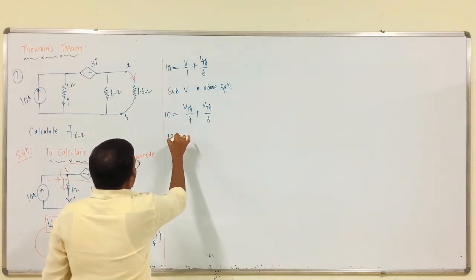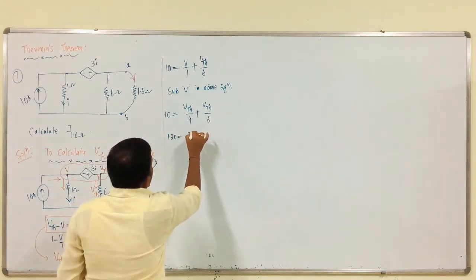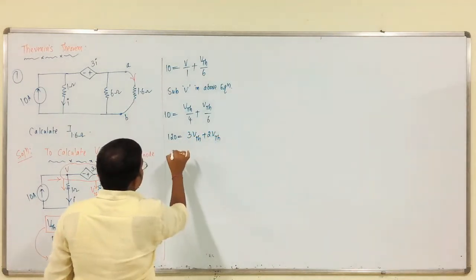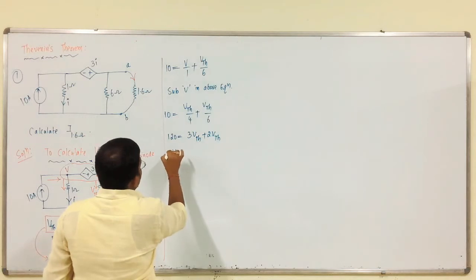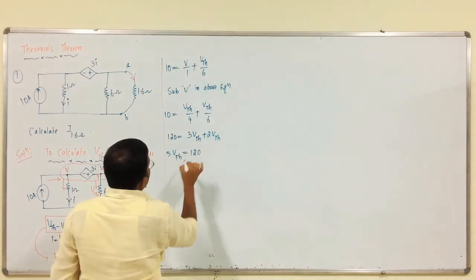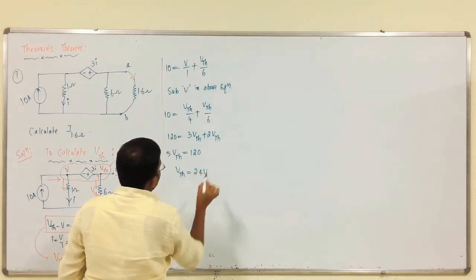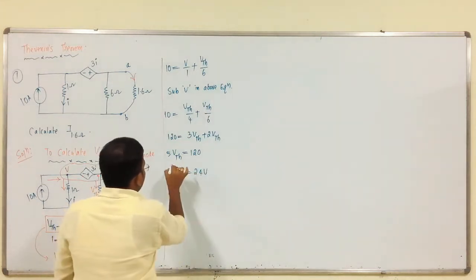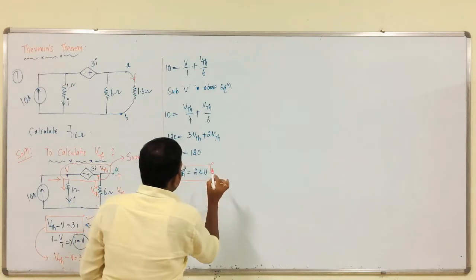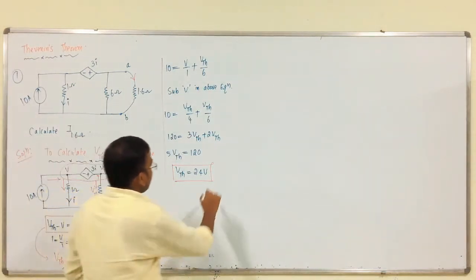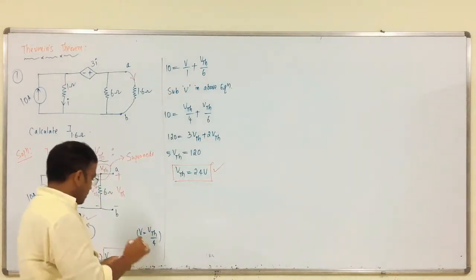So, 120 is equal to 3 VTH plus 2 VTH. From this, 5 VTH is equal to 120, so VTH is equal to 24 volts. So, we got Thevenin's voltage as 24 volts, completed.